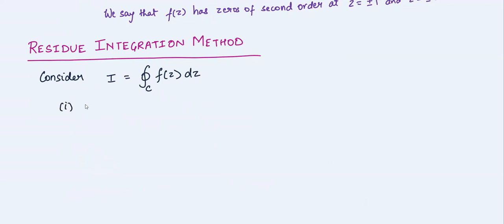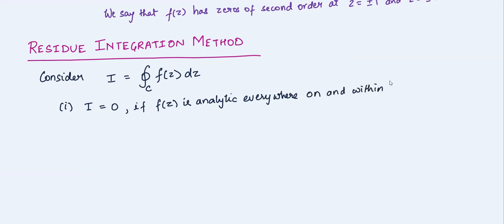Now we know that I is equal to 0 if f of z is analytic everywhere on and within C, by Cauchy's integral theorem.